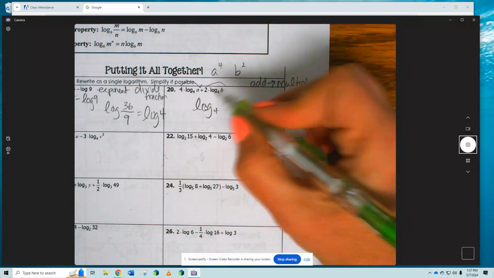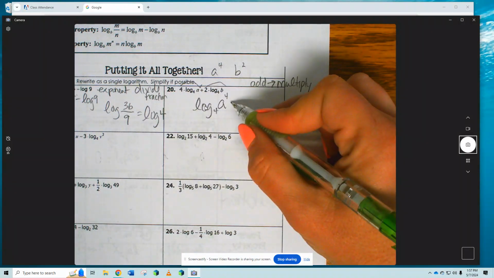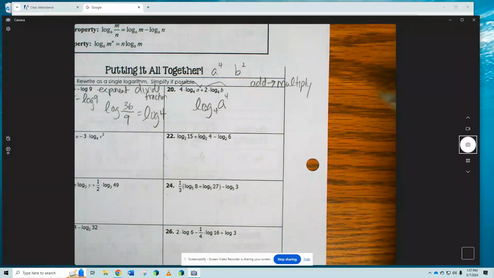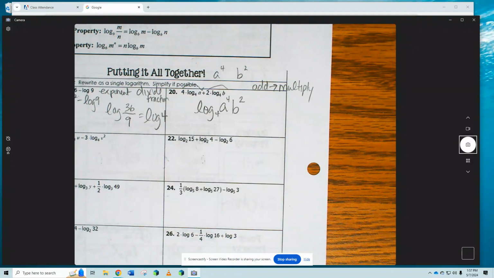Log base 4, A to the 4th, and multiply it, because the plus sign means multiply, B squared. A to the 4th, B squared.